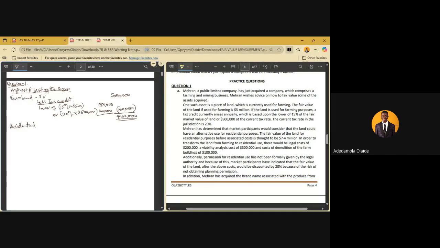Residential. They've told us that market participants are considering it for residential purposes, and the fair value they are putting on it is 7.4 million.